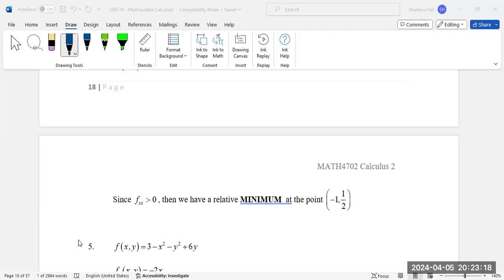D equals 4, so when we look at it, a relative maximum. Okay, all right. What was the critical point again? 0 and 3. Okay, all right. Hold on to that.